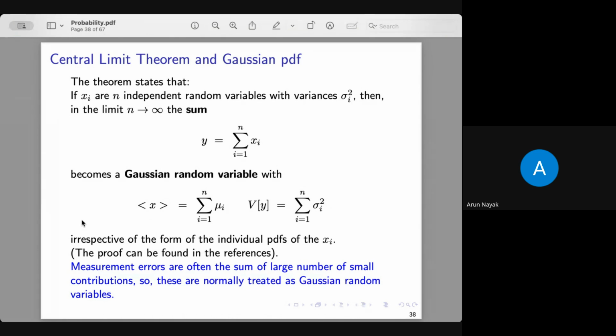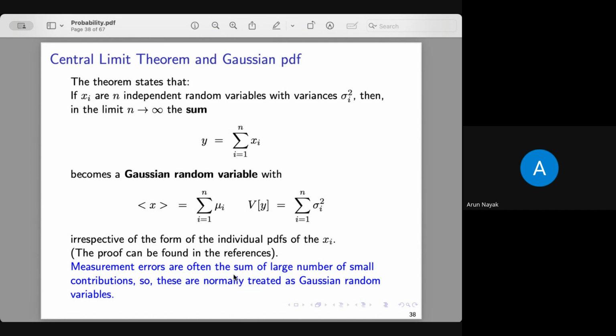So where do we use it? We tend to model our errors or uncertainties using Gaussian distributions. Particularly for random sources of uncertainties, we use Gaussian errors because they are a result of the sum of different sources of uncertainties.